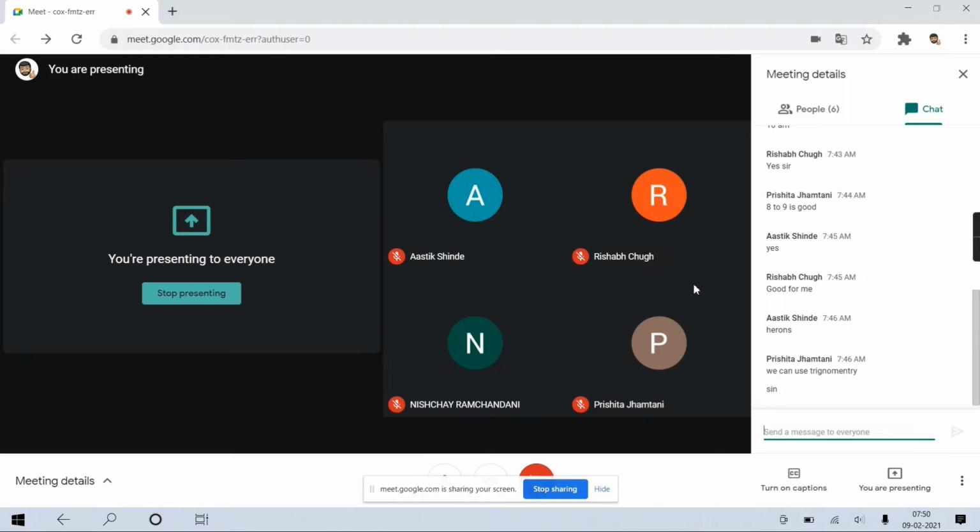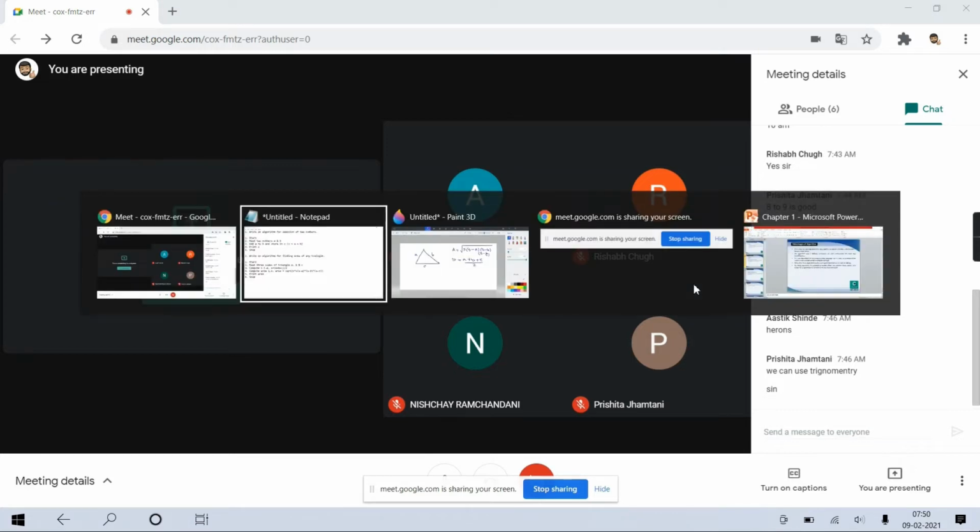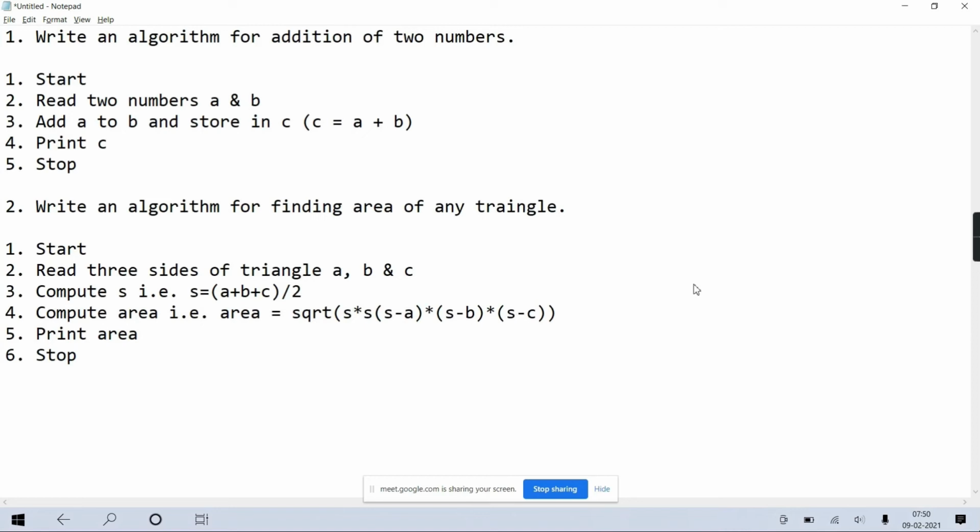Some told use Heron's formula, now you are saying use trigonometry, someone else can say there can be one more solution. So find out the possible solutions, and then decide which one is the better or optimum one, and pick that, then write the sequence of steps for it, and last convert those steps into an actual program, right? So hope all of you have understood this example.